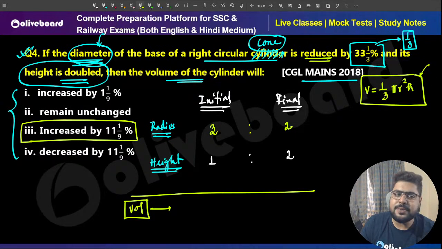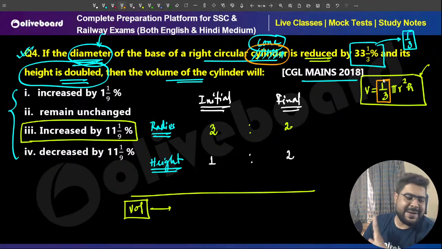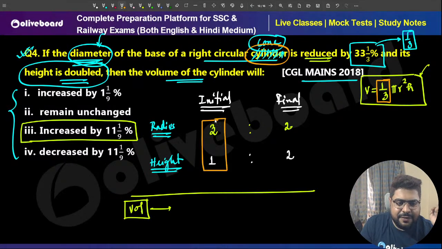I just wanted to show you guys, it doesn't really matter whether it is a cylinder or a cone, because this particular constant will cancel out. So what will be the initial volume? 1/3 pi into r square h.